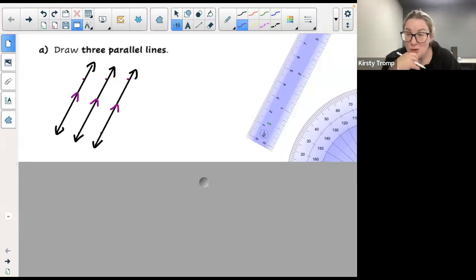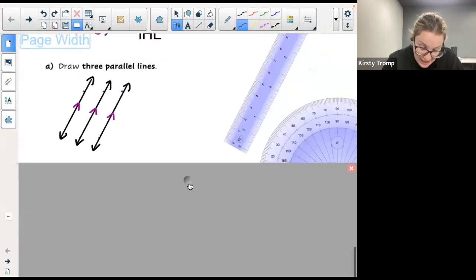All right. So we're going to move on from lines and line segments and practicing our lines. And we're actually going to go have a look at a revision of some angles.